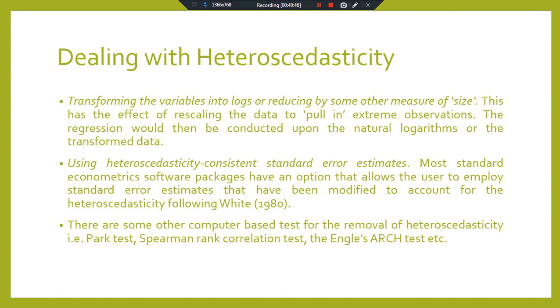And when you remove the heteroscedasticity in the data, then we can apply OLS on this data. But without the removal of the heteroscedasticity, we cannot apply OLS on this data. Okay, this was the heteroscedasticity discussion.